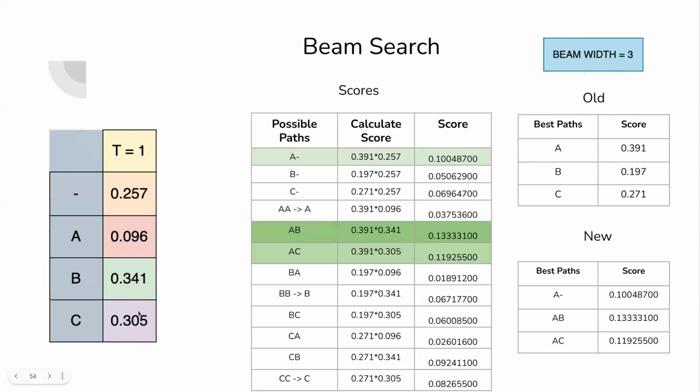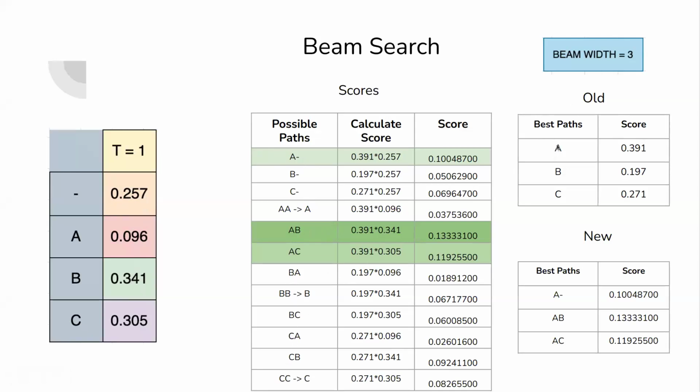And now I am choosing the top 3. The first is B. And in my previous sequence, if I had A as one of my paths, then the next one could be B. And if I have A, I can extend with the dash, and the same with C. It happens for all of these.